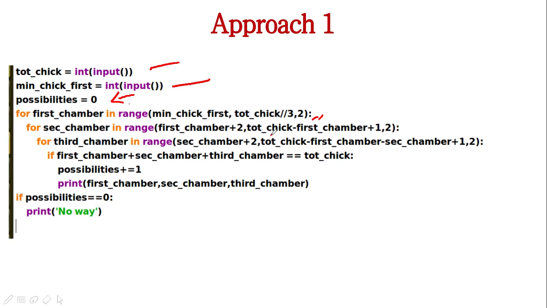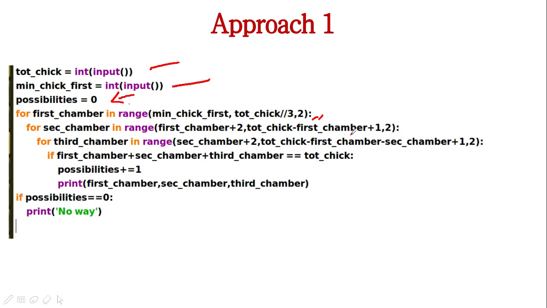And when do I have to stop? When total chickens minus the first chamber, because I have already put a certain number of chickens in the first chamber, so I cannot count those thereafter. So it is total chickens minus the first chamber. Why plus 1? You already know that range generates numbers up to the stop value minus 1.